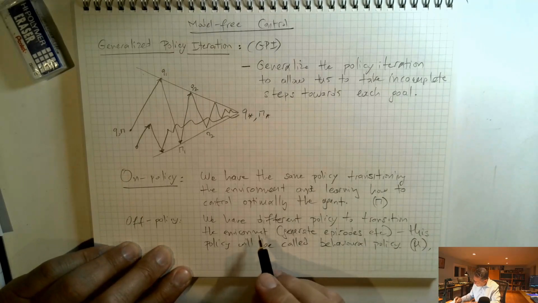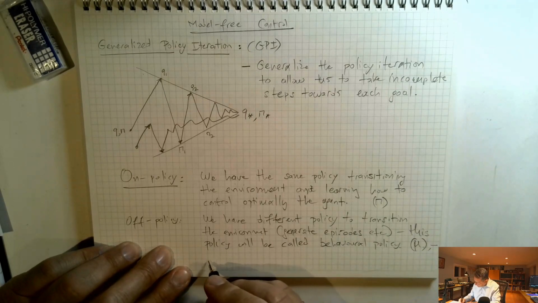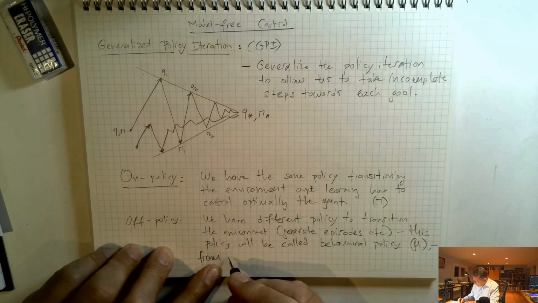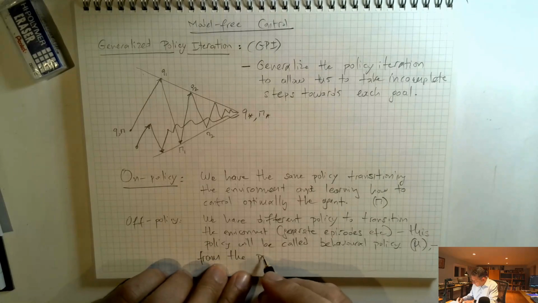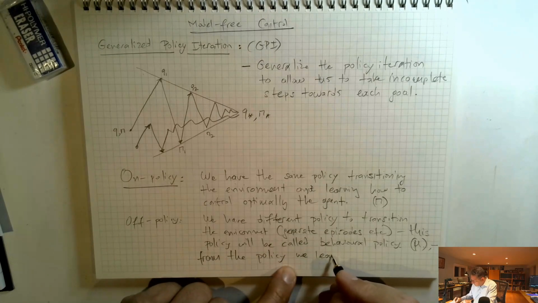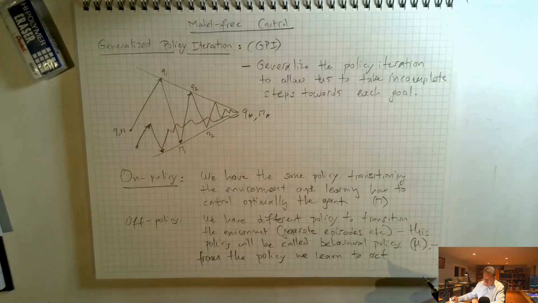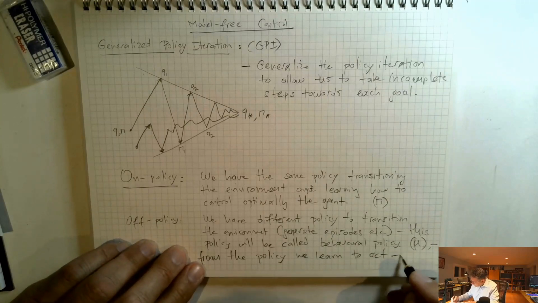So we have a different policy to transition the environment, and from the policy we learn to act, and this will actually be called the target policy.